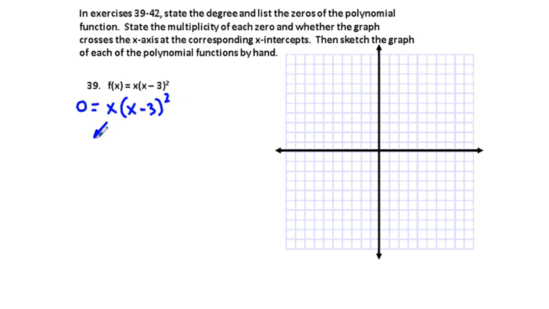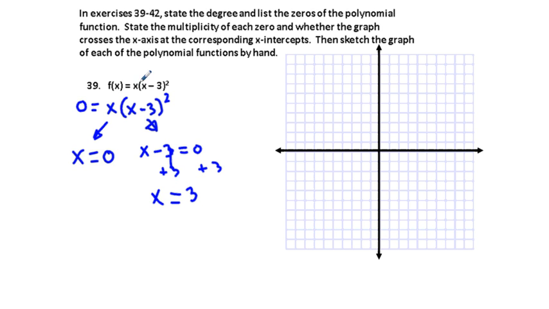And using our zero factor property, we know that x is going to be equal to 0. And on the right side here, we have x minus 3 is equal to 0. And solving this right one, we add 3 to both sides of the equation. We get x equals 3.